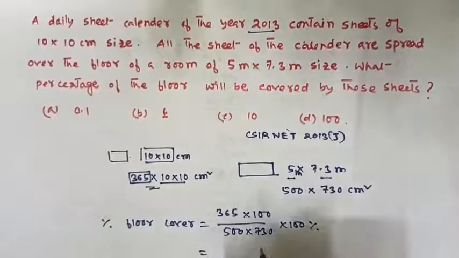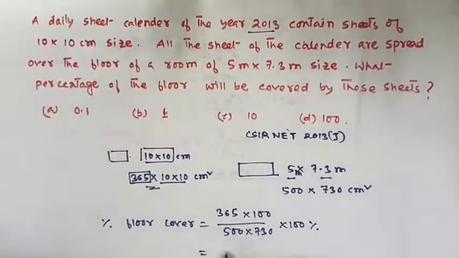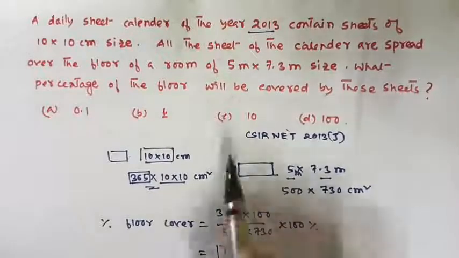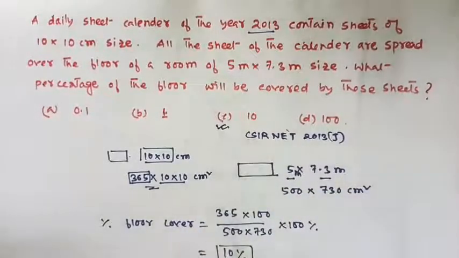If we calculate this, then we'll get 10%. So out of these, which option will be correct? Option C will be the correct option.